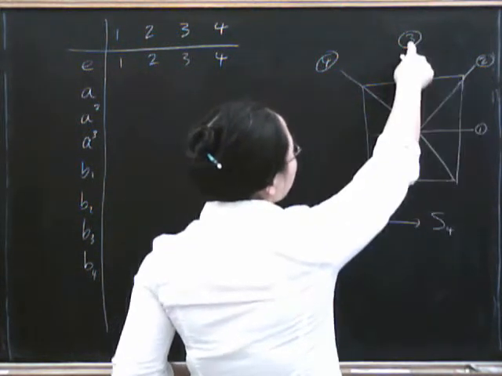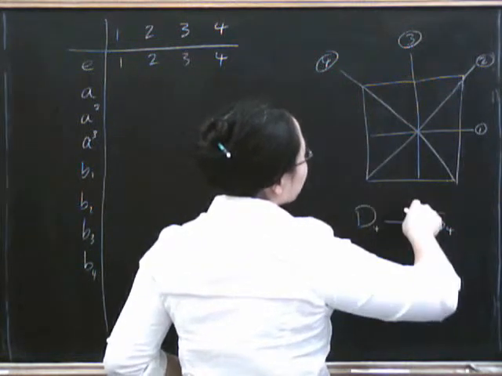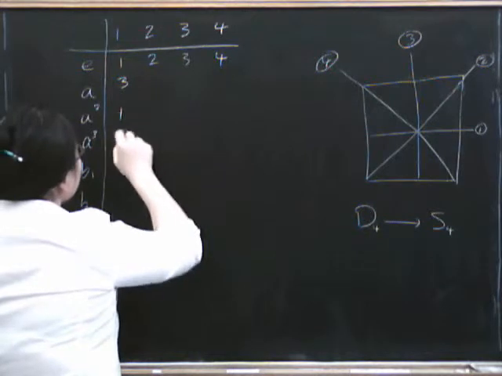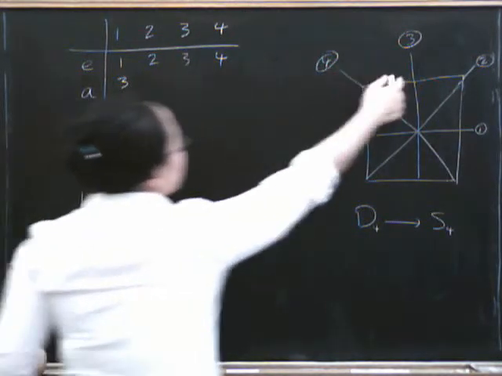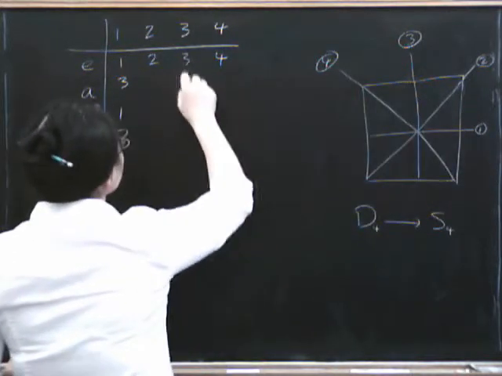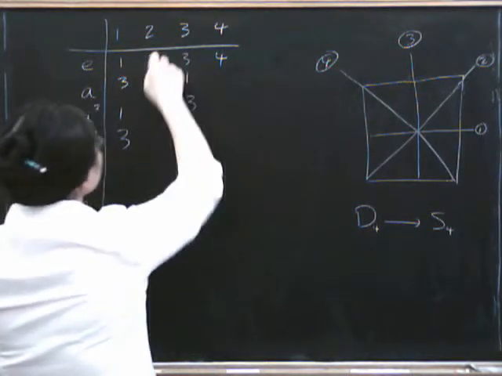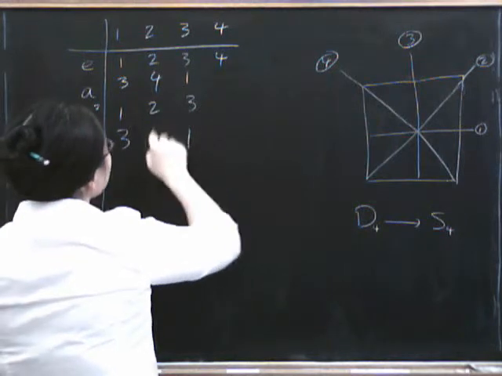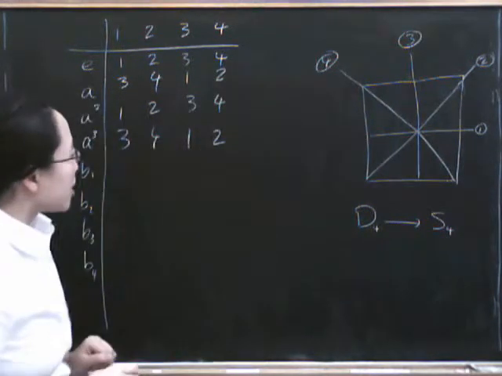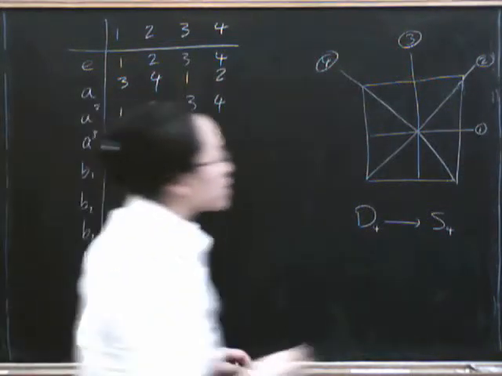So it's going to go to 3, and then it's going to go back to 1, and then back to 3, and then back to 1. And similarly, 3 on the first rotation is going to go to 1, and then 3, and then 1, and then 3. And similarly, 2 is going to go 2, 4, 2, 4, and 4 is going to go 4, 2, 4, 2.